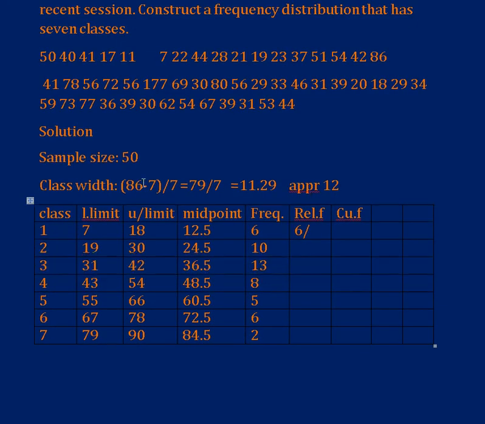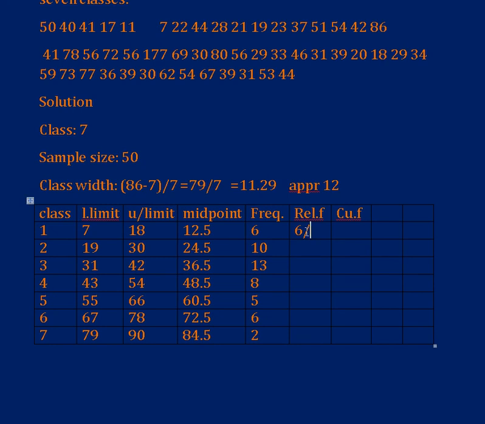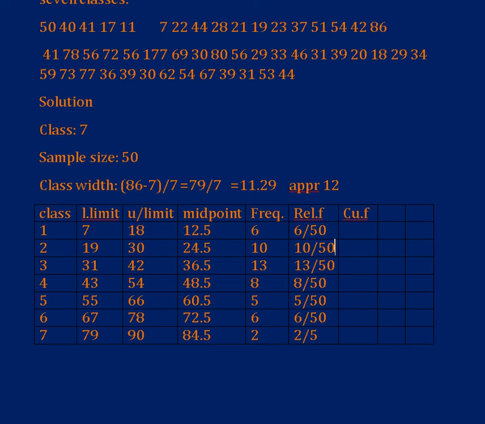So you just take 10 divided by 50 as well. You do the same: 13 over 50, 8 divided by 50, 5 divided by 50, 6 over 50, 2 divided by 50.